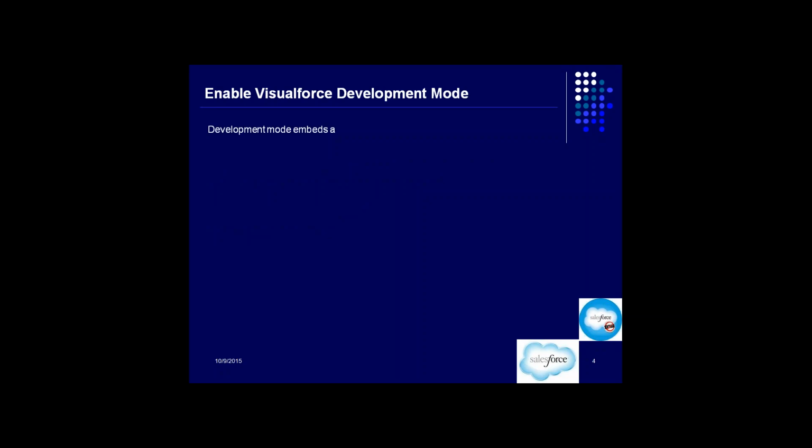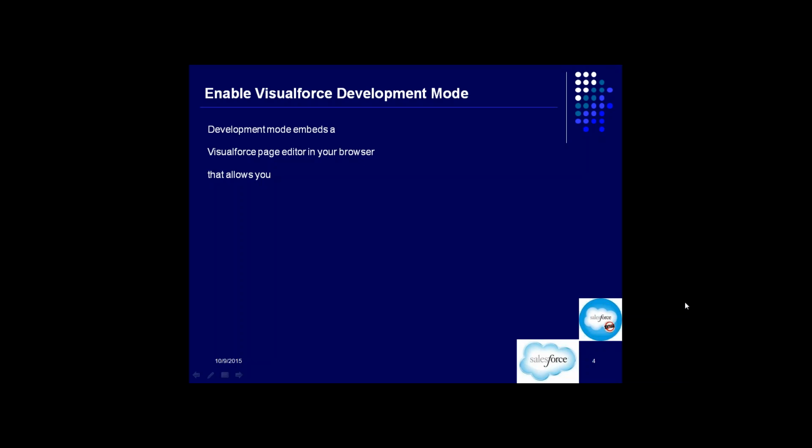It embeds a Visualforce page editor in your browser. So you will be able to view the code just below the actual page. That gives you the advantage of viewing the code as well as the output of the page on the same screen.